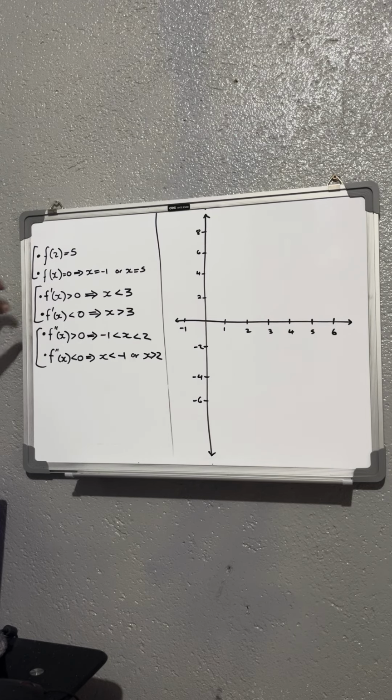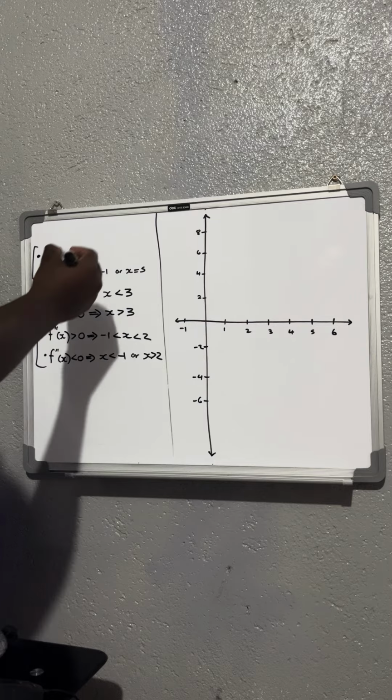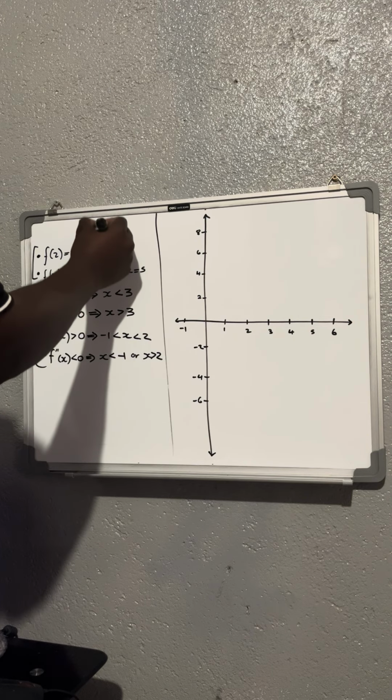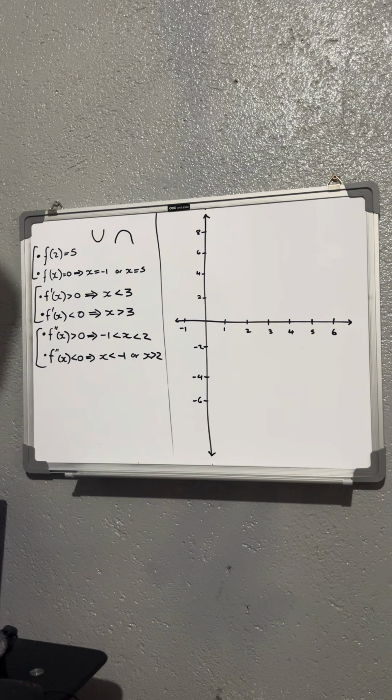Then these two, where you're talking about your first derivative, always tell you whether the graph is increasing or decreasing in those particular regions. Then these last two, where you get your second derivative, are talking about your concavity, where you can have concave up and concave down.